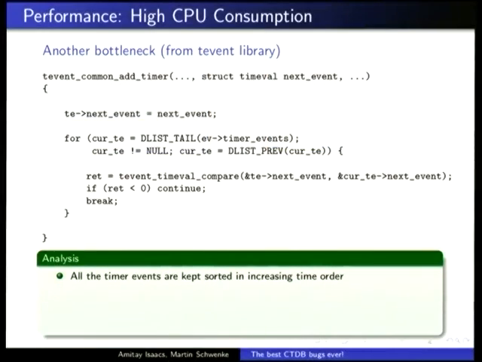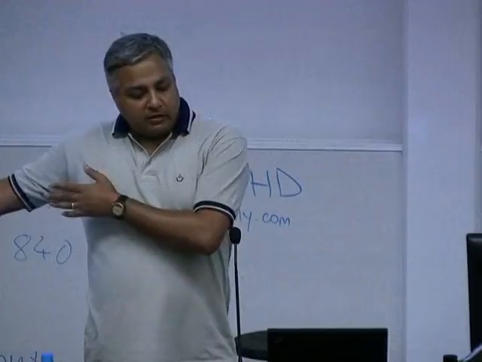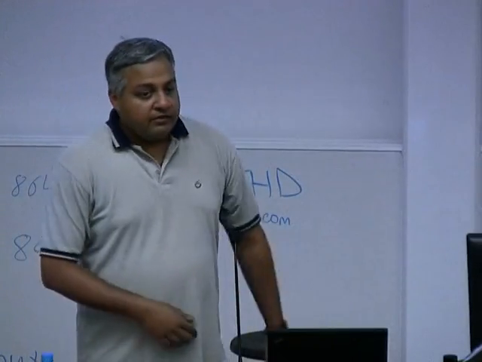This time it was from the tevent library, a similar story. In tevent, when you add a timed event, you talked about timer events, it is maintained in a linked list in sorted order of time. The timers which are expiring sooner are at the front of the list, and those which are further away are at the tail of the list.